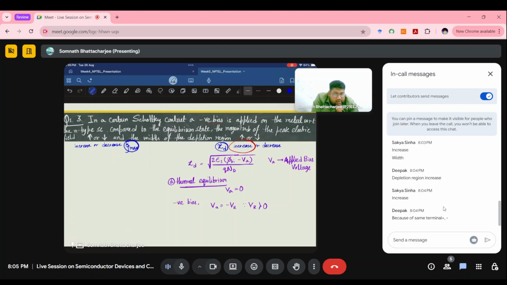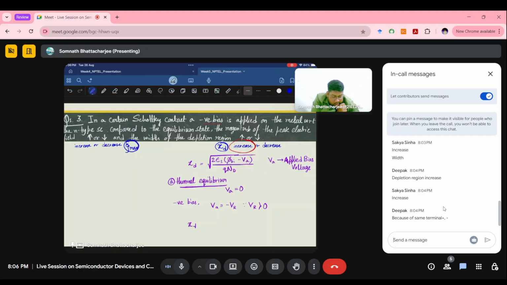So you are saying that the depletion width will decrease. As I was saying here, the value of this is increasing, right? Because it is plus VR.